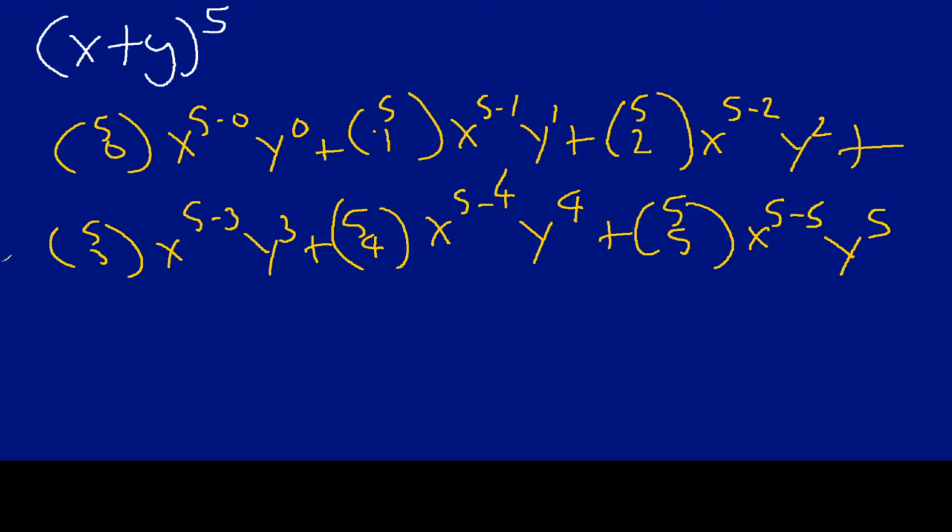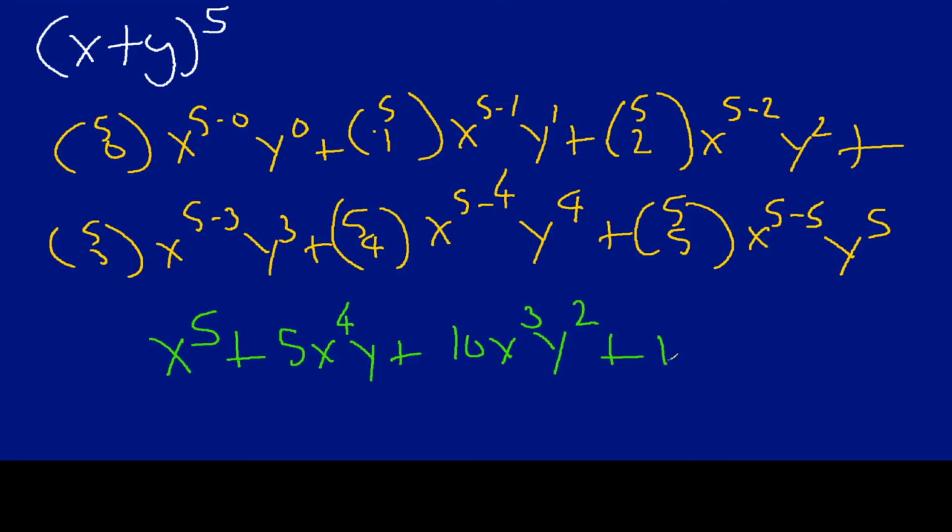So we get, as a drum roll, you could check this yourself, x to the 5th power plus 5x to the 4th power y, like so, and then plus 10x to the 3rd power y squared, plus another 10x to the 2nd power y to the 3rd, and then after that plus 5x y to the 4th, and then plus at the bottom y to the 5th.